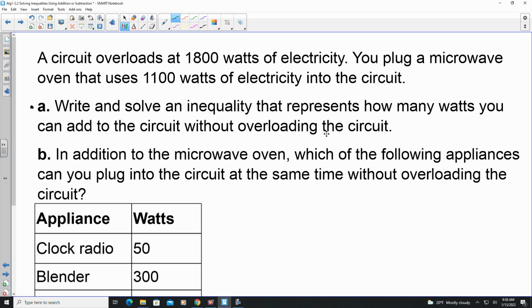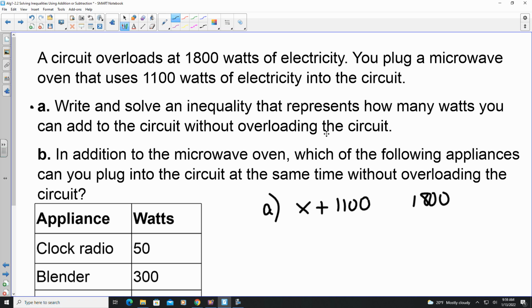So for part A, let's say X is our potential appliance wattage, and we're going to add it to the 1100, which is what the microwave uses. And we know that 1800 is what it cannot exceed.